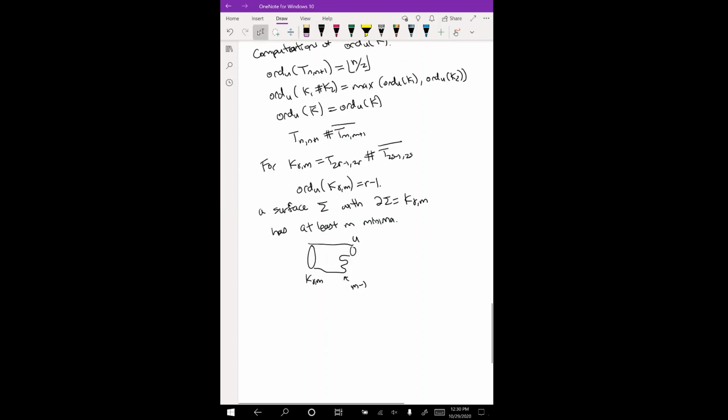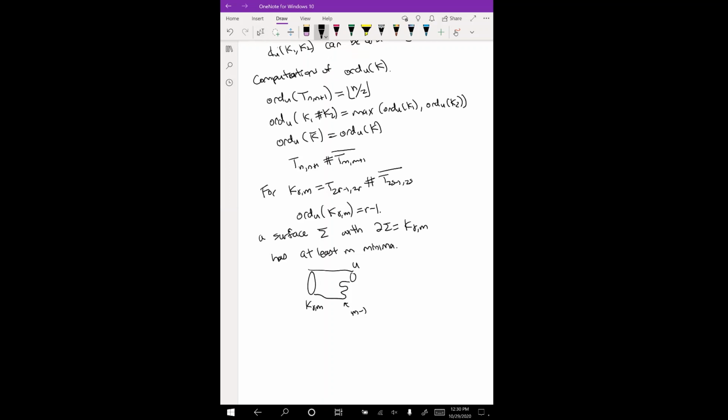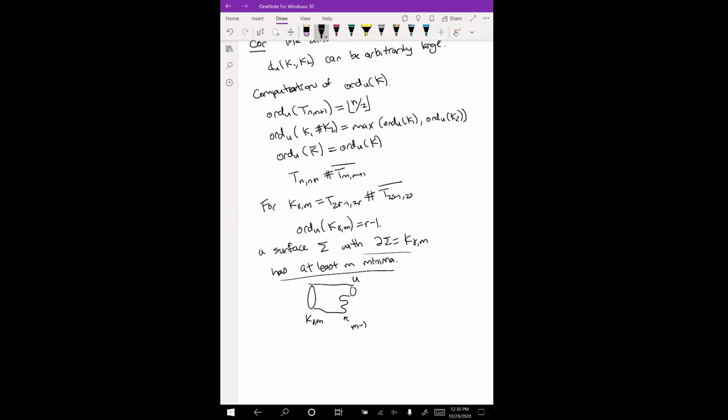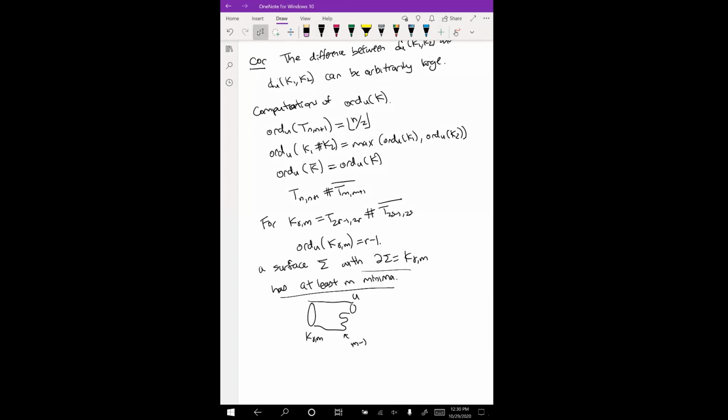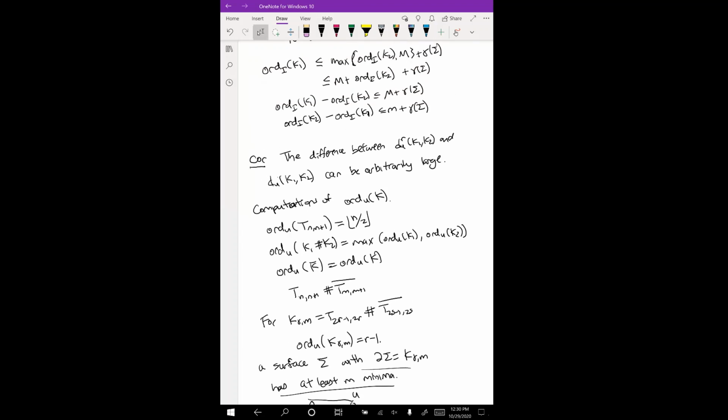Then you apply the theorem, and you can conclude that the surface has at least M minima. So in particular, you get that this refined cobordism distance can be arbitrarily large. The refined cobordism distance is at least n. Okay. Are there any questions?